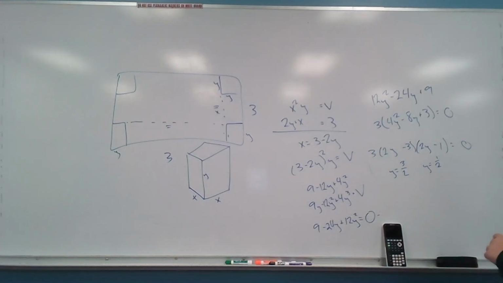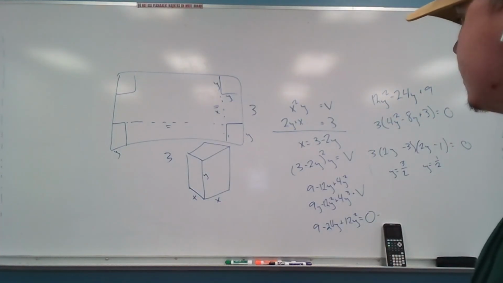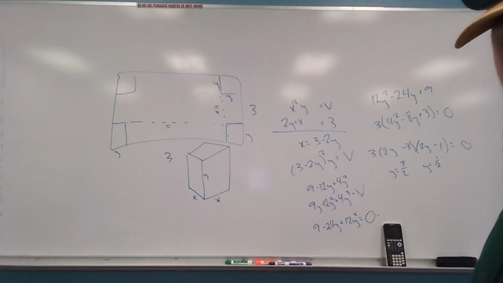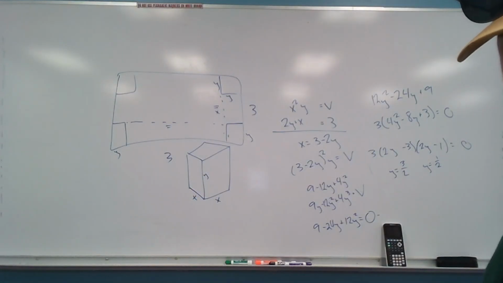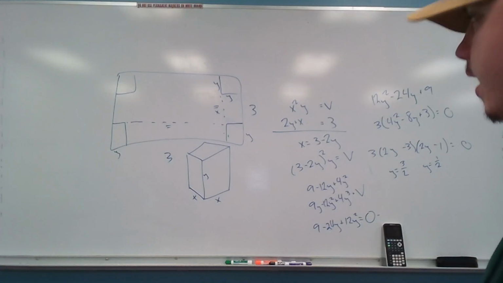Okay, it looks like we have two potential values for what our ideal value of y is going to be. So what do we do? Well, we can plug it in, and we can solve for x.